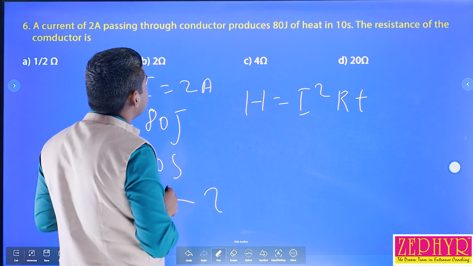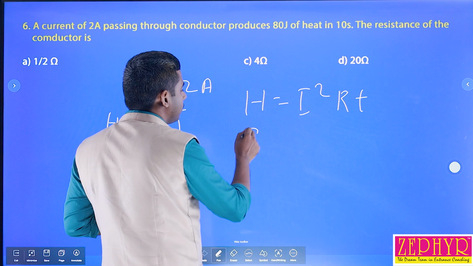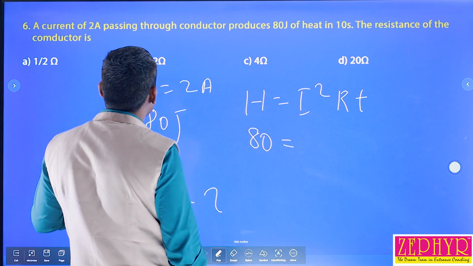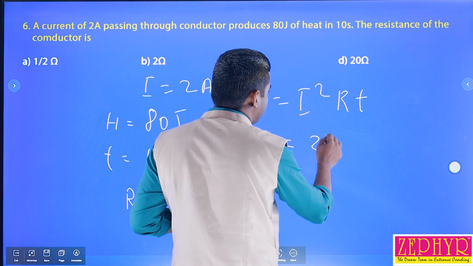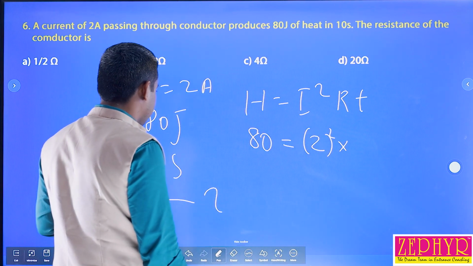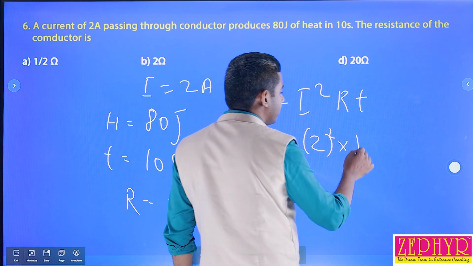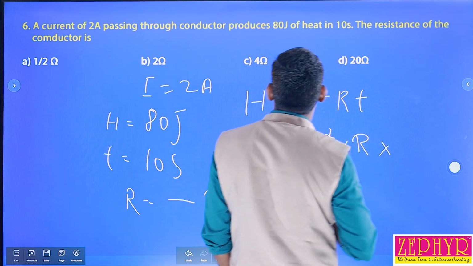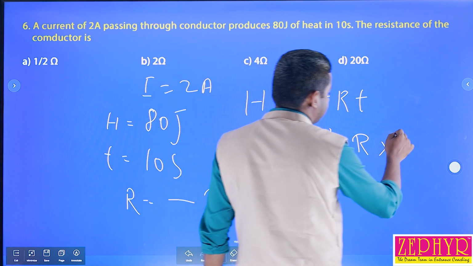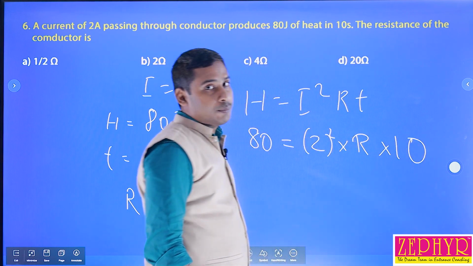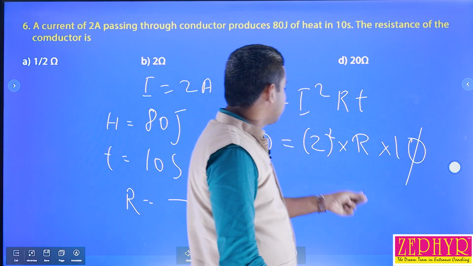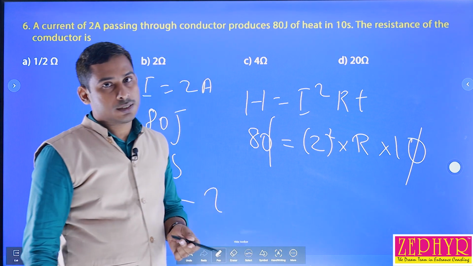H they said 80 joule, easy only. I square they said 2 square into R, no idea, that is the unknown quantity we have to calculate. T they said 10 seconds. During the simplification, these 2 zeros we can cut.